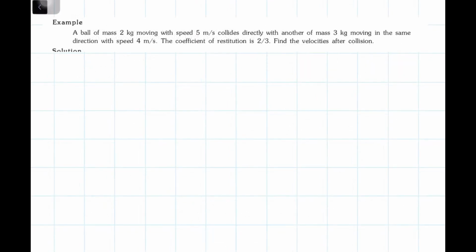This question is regarding collision. Collision is one of the most important topics for the NEET exam. There are two types of collision: elastic and inelastic. Elastic collision can be asked in one dimension or two dimensions, and inelastic collision too. There are oblique collisions also. We have perfectly elastic and perfectly inelastic cases, and the coefficient of restitution.